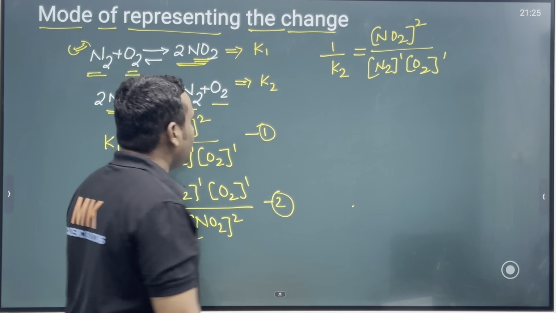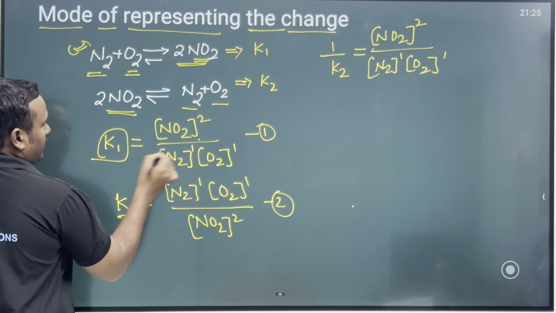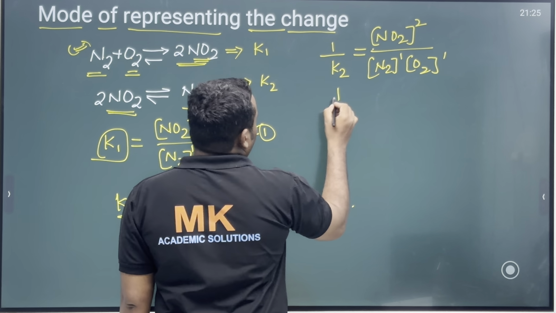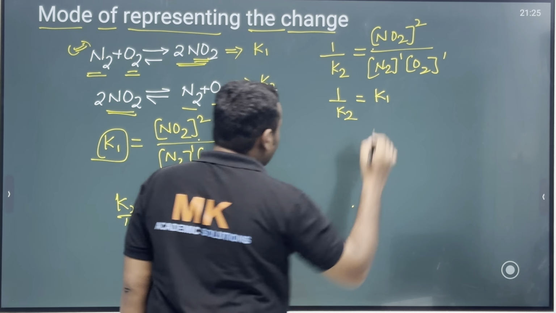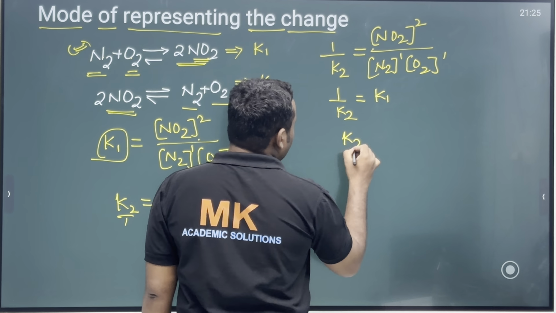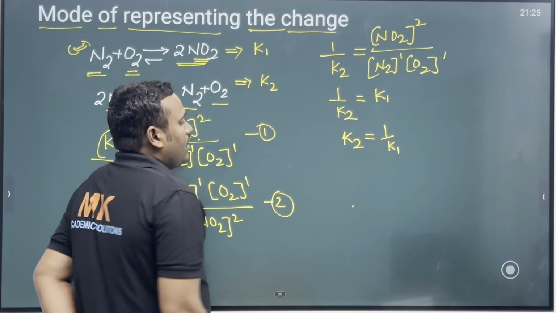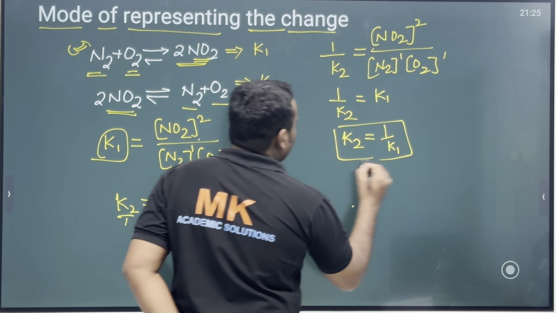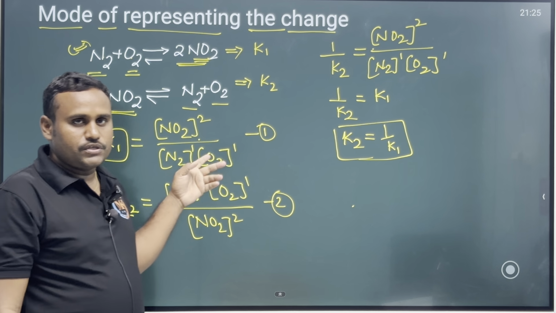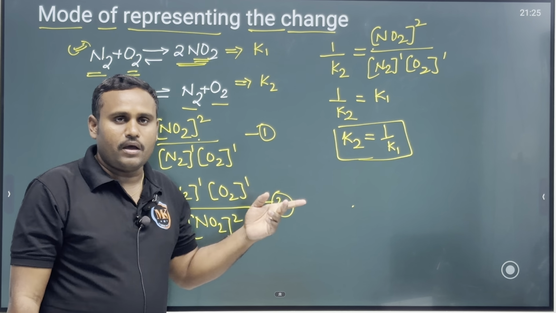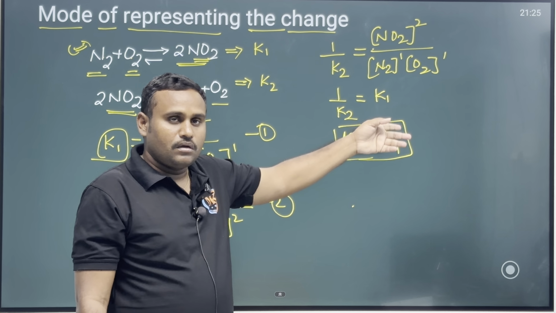So it is nothing but what, children? See here, this is what we got. Therefore 1 by K2 is equal to K1, or K2 is equal to 1 by K1. So what we understood here is, if you inverse the same chemical reaction without changing any stoichiometric coefficient, what will happen? The new equilibrium constant is what?